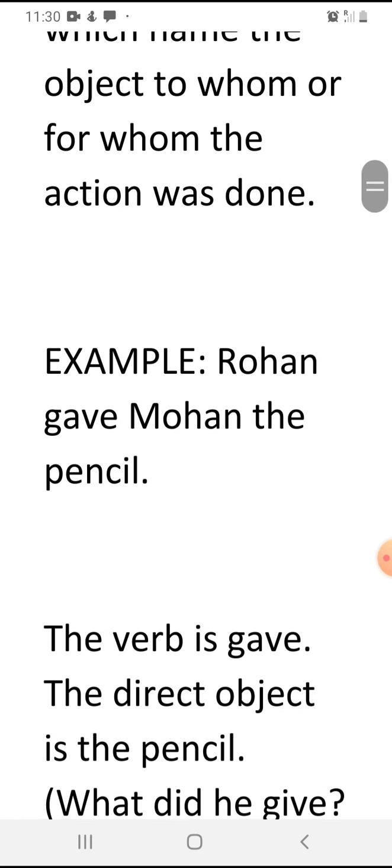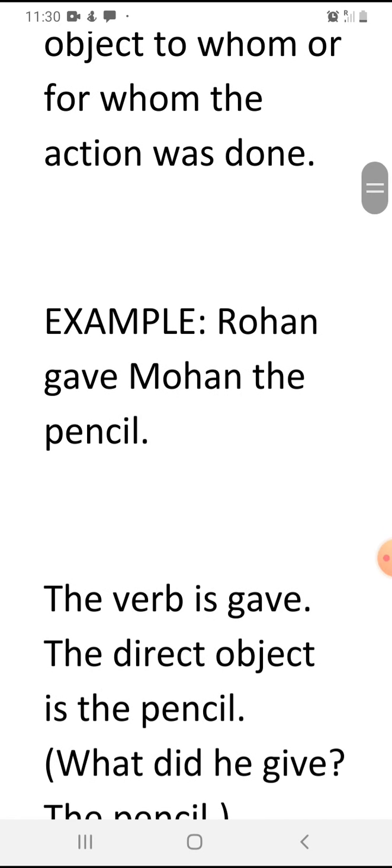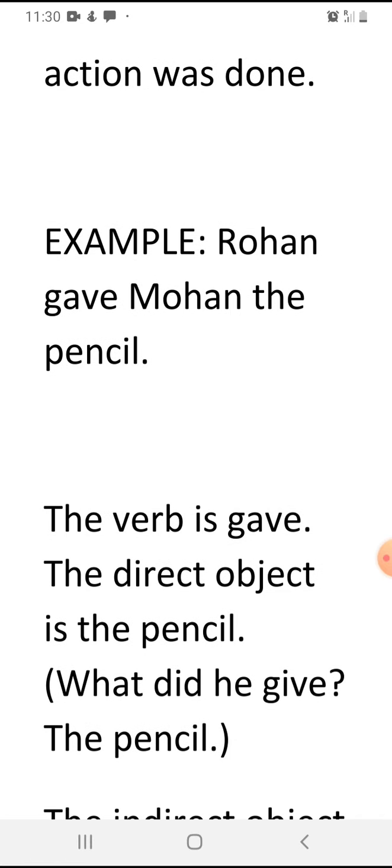Let us see this example. Rohan gave Mohan the pencil. In this sentence, gave is the verb. Rohan is the subject. If we ask a question, what did he give? Or Rohan gave what?